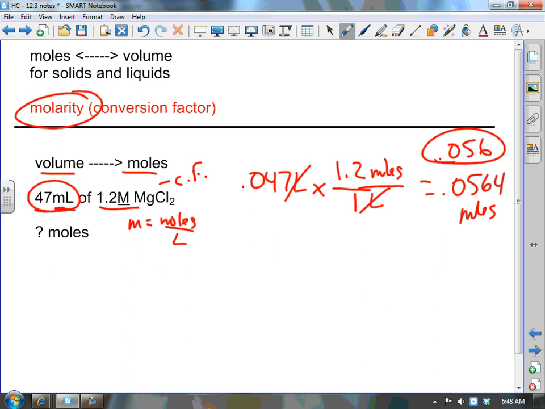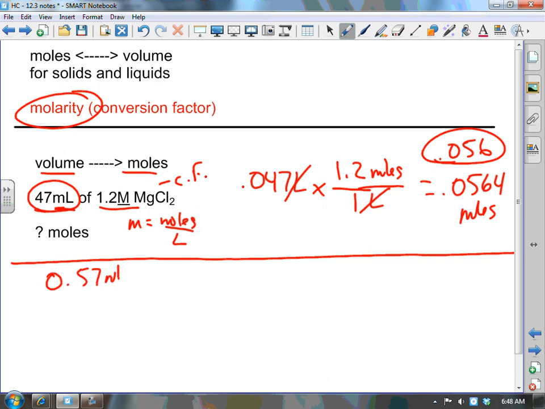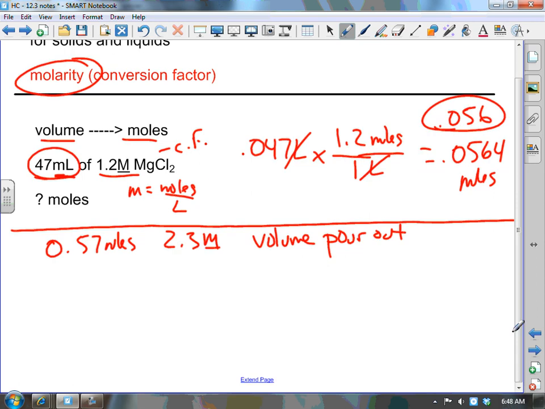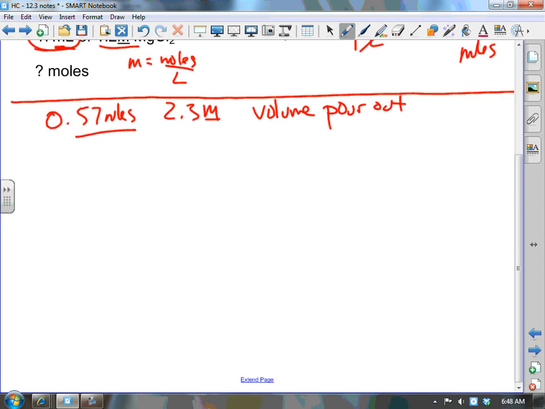Okay. So in this example, I went from volume to moles. I need to go from moles to volume also. So let's say I have 0.57 moles, and I have a 2.3 molar solution. How much volume do I need to pour out to get 0.57 moles?